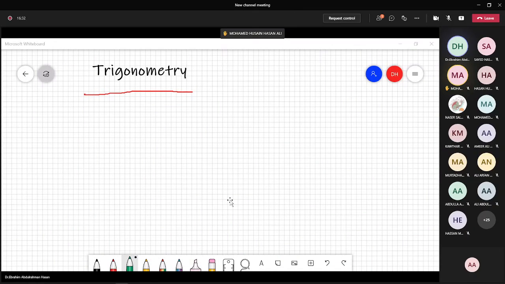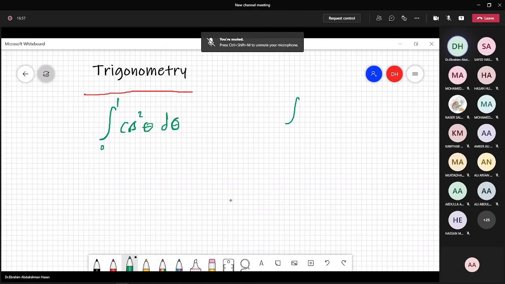If I ask you one question, what is the integration of cosine square theta d theta between 0 and 1?